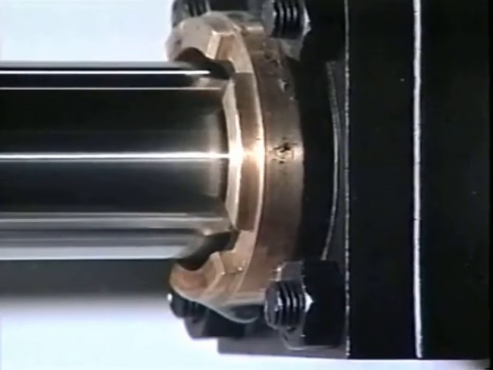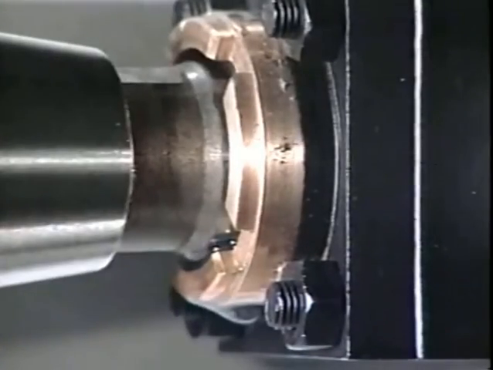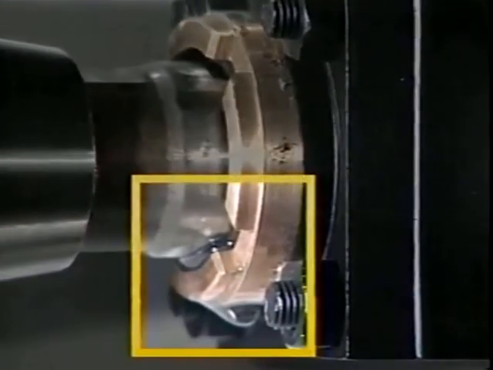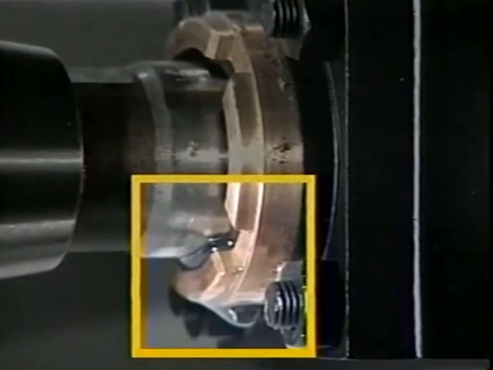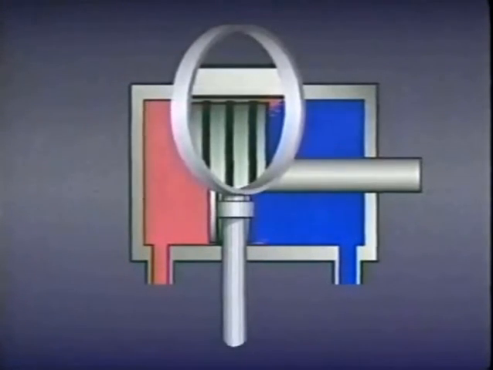Now, all seals can eventually wear out. Worn-out rod seals are often easy to spot because of the leaking fluid on or near the rod end of the cylinder. But leaks past worn piston rings or seals inside a cylinder aren't so easy to find. Most piston rings are designed to allow some leakage for lubrication purposes, but problems will begin to develop if a piston bypasses too much fluid.